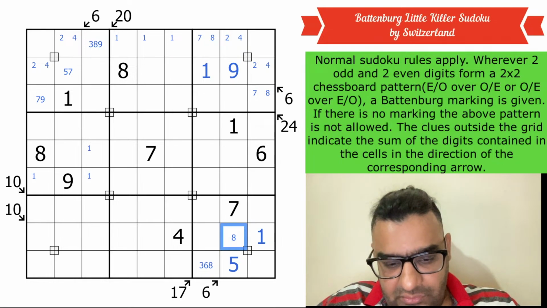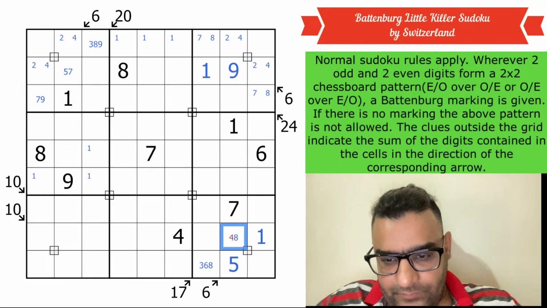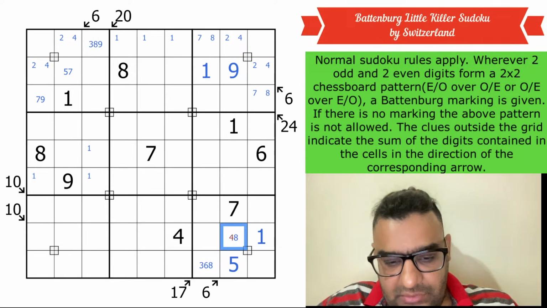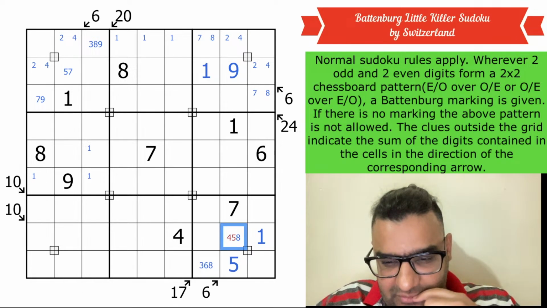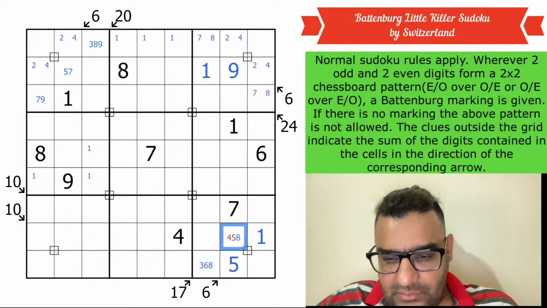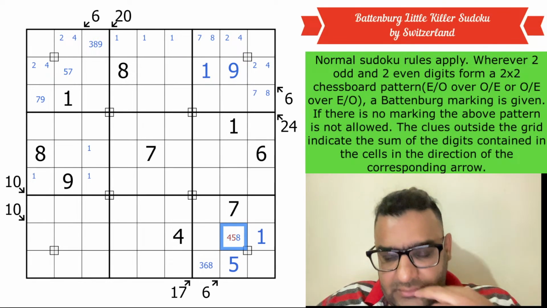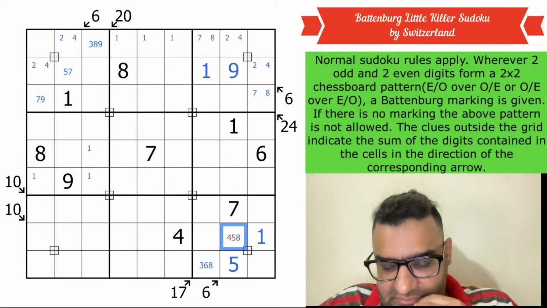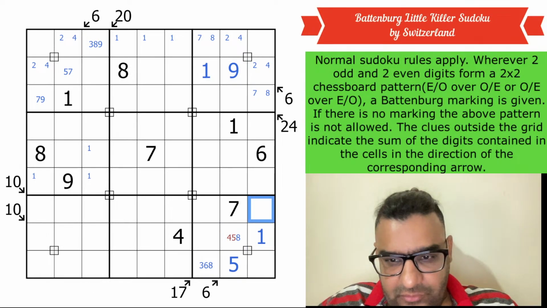If we put 8 and 4, how much are these? 8 and 4 are 12. 12 plus 5, 5, 4, 9, and 8, 17. Okay, so we can put 4, 5, and 8.